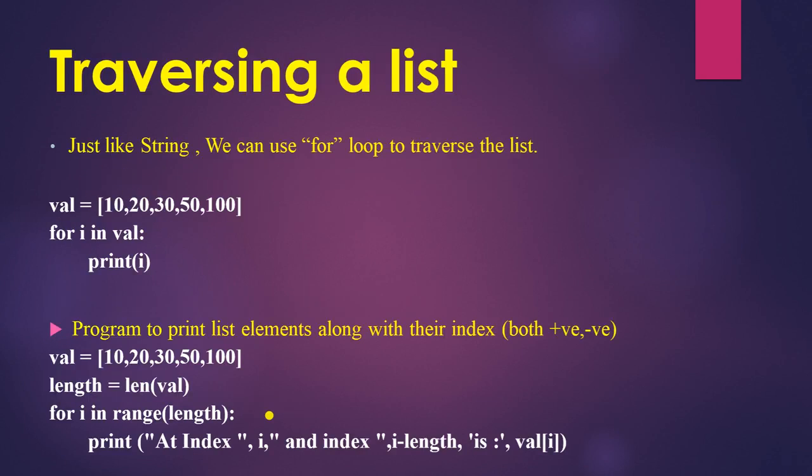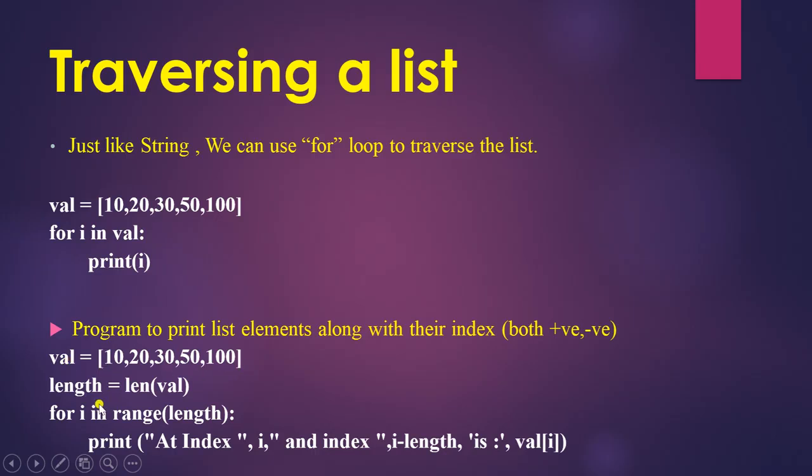Now traversing a list: you can traverse a list by using the for loop. Here is the list with its elements. Now for i in the list, the loop will access one element and then print. Next is the program to print list elements along with their index, both positive and negative. Here the list is equal to this.